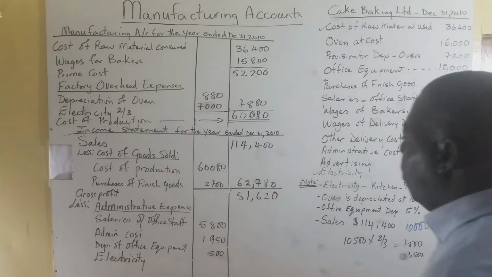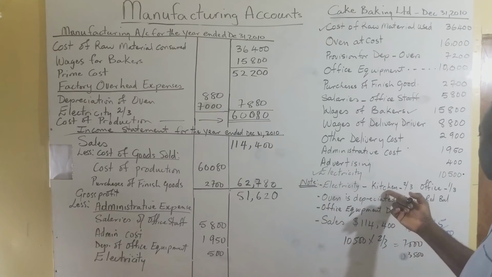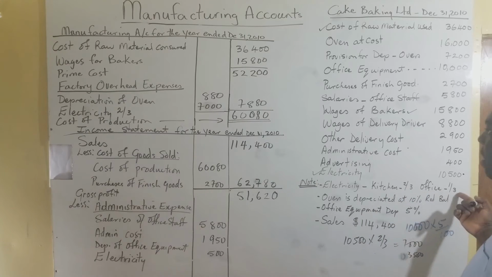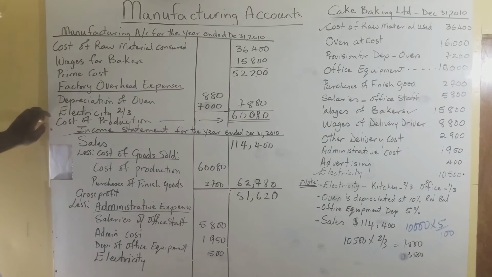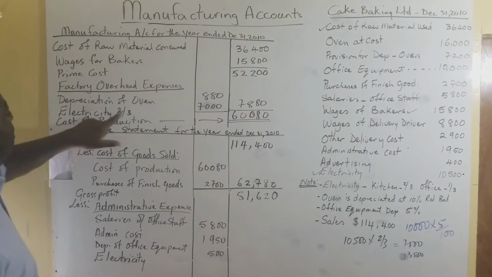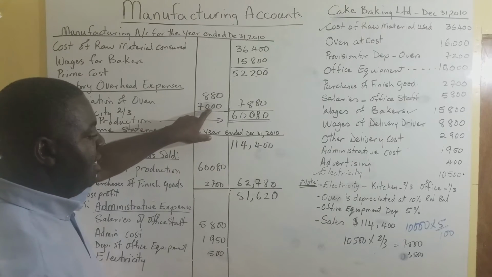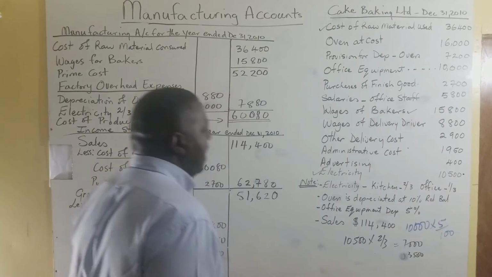So now we recognize that they indicated that electricity, yes, for kitchen is 2/3 and for office is 1/3. We have made the adjustment to the manufacturing account. Electricity is 2/3. Yes, 2/3 of the electricity is $7,000. So the electricity cost would have been $10,500.